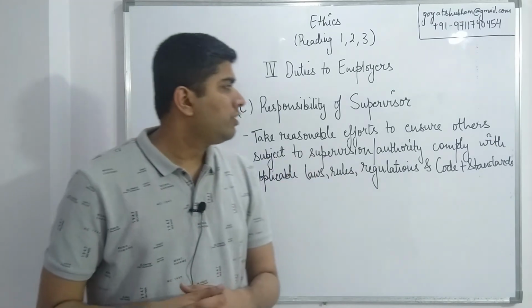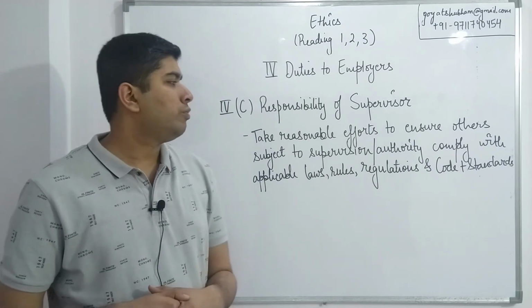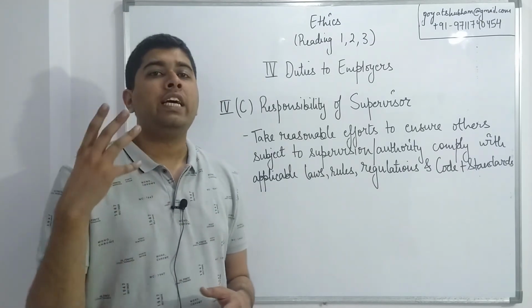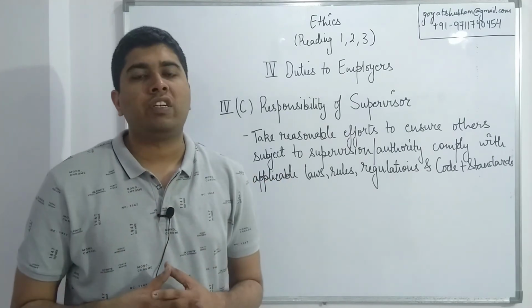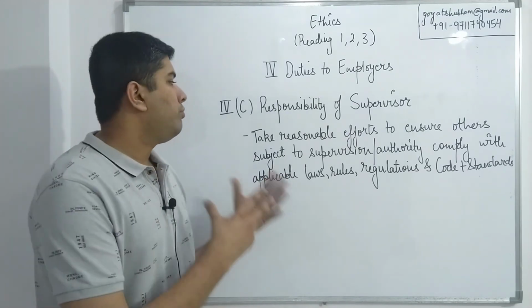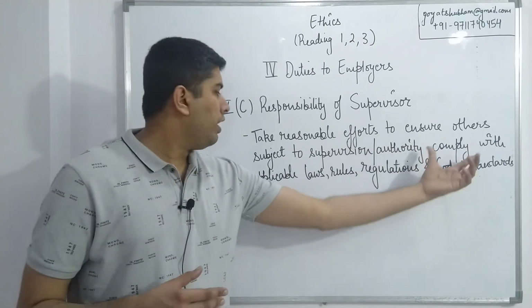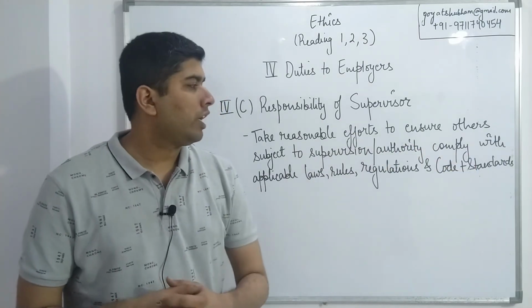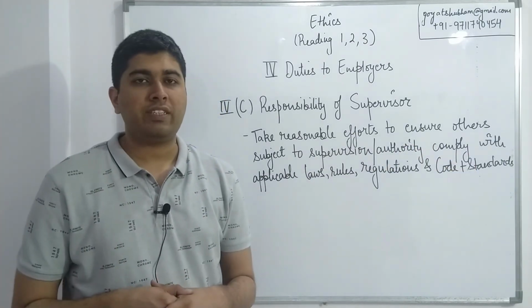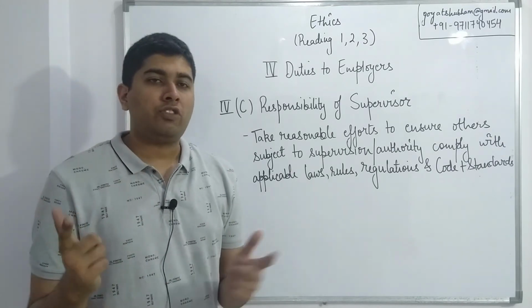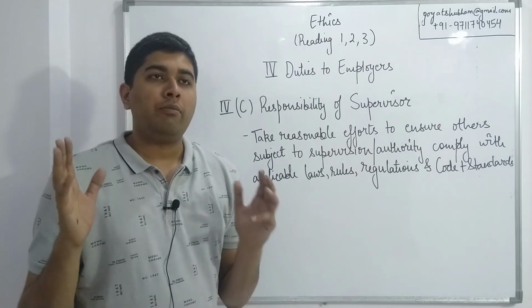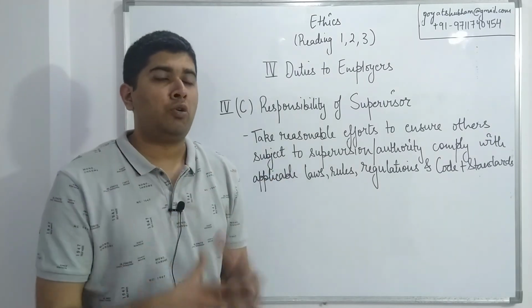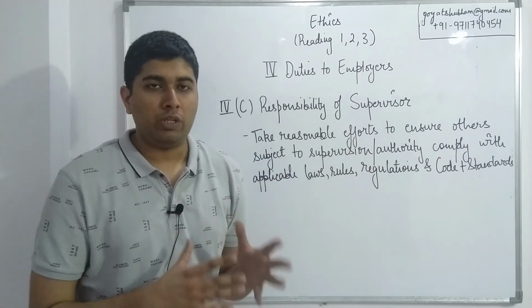So take reasonable efforts to ensure that others subject to supervision and authority, so basically, any sort of subordinates or juniors that you have when you are in a supervisory position, make sure that all of them comply with applicable laws, rules, regulations, code, and standards. So basically, laws, rules, regulations applicable to your activities, plus code and standards. Make sure all of your juniors, all of your subordinates, all of them are complying with all of these.